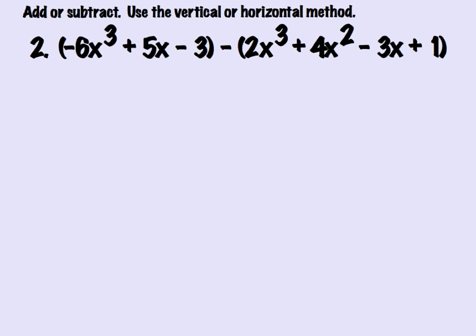Here's an example of a subtraction problem, and I'm going to use the horizontal method for this. It's subtraction because there's a subtraction symbol between the trinomial and the polynomial. Now, I hope you're remembering that you have to distribute this subtraction sign, or this negative sign. When you distribute, you have to distribute it to everything that follows it in the parentheses.